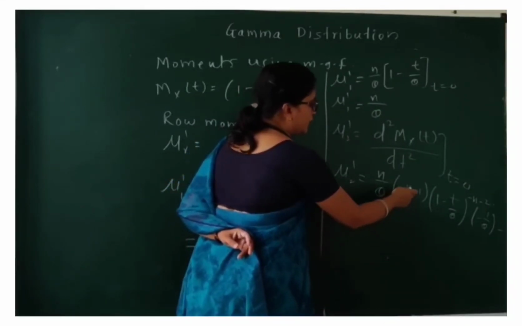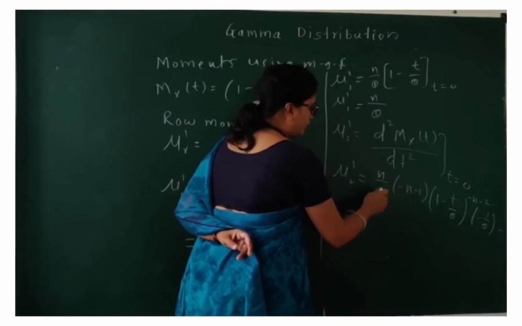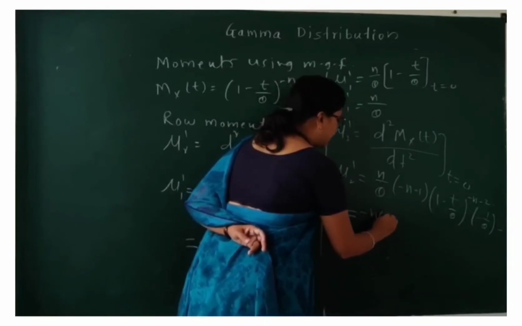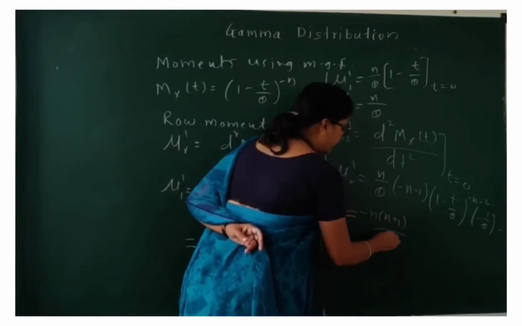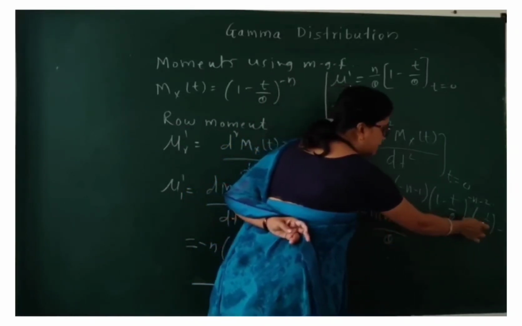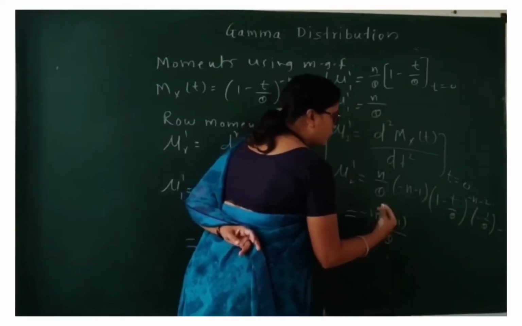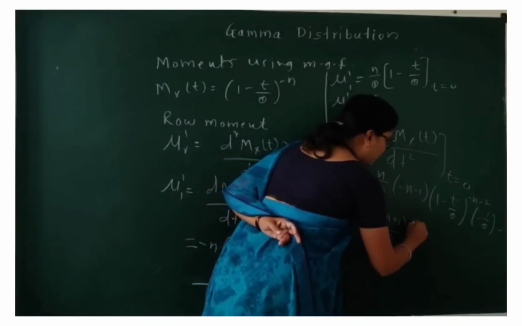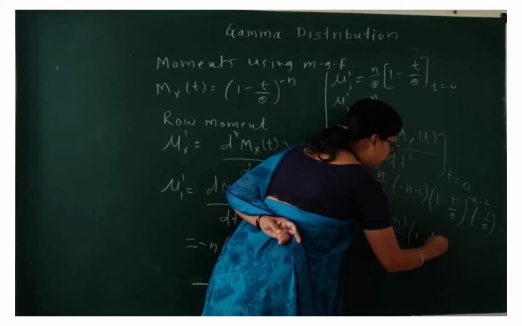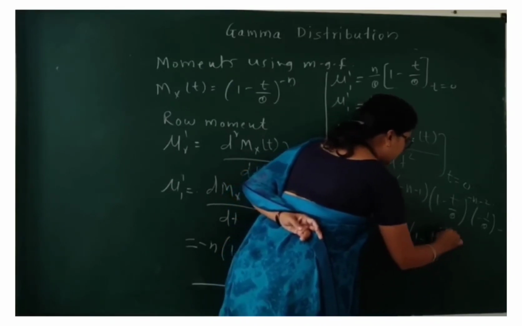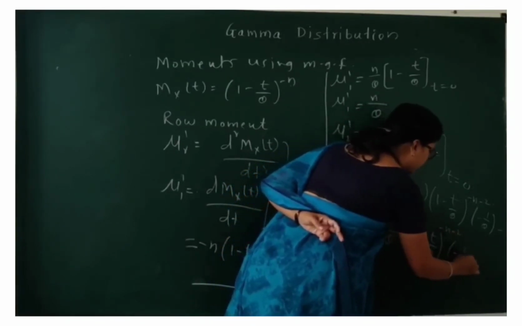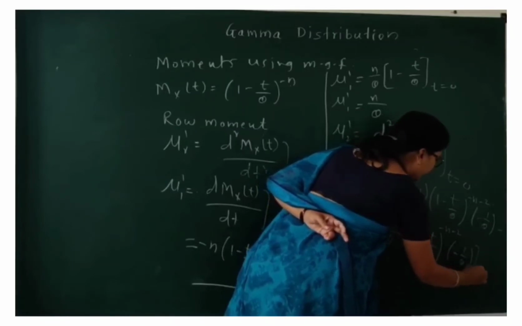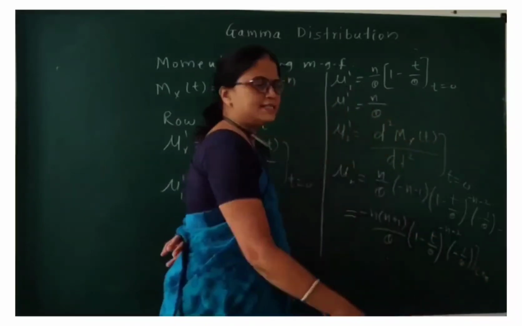We have common minus, so minus n plus 1 divided by theta, and this theta, let me write as it is. We have (1 minus t by theta) raised to minus n minus 2 and minus 1 upon theta, and over here we need to put the value of t as 0.